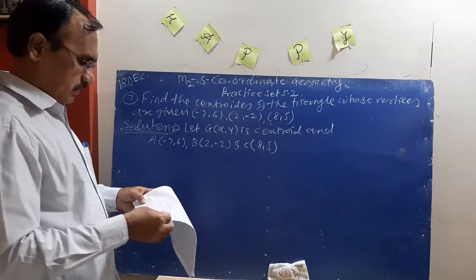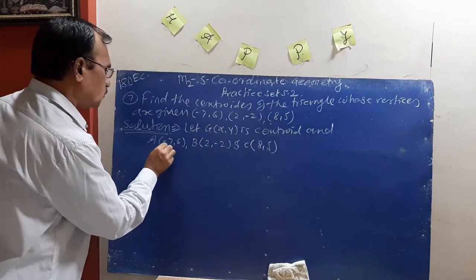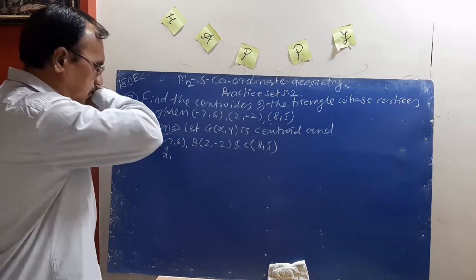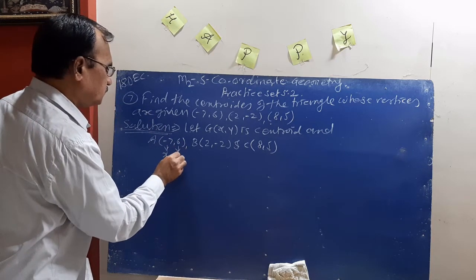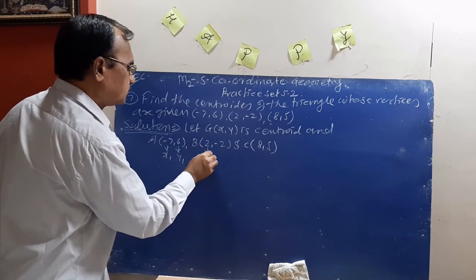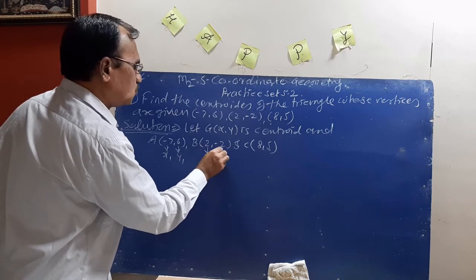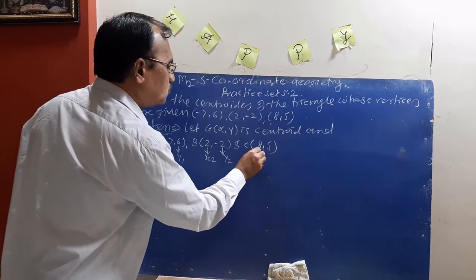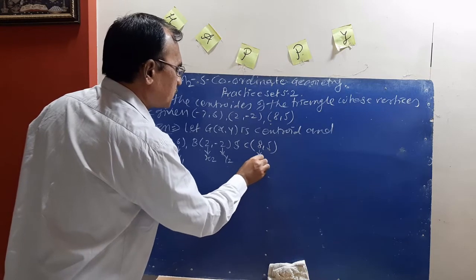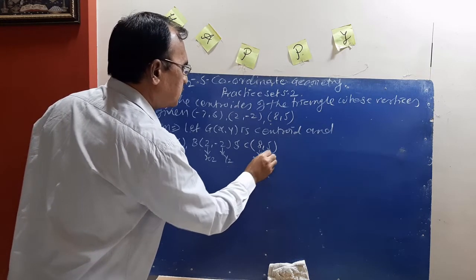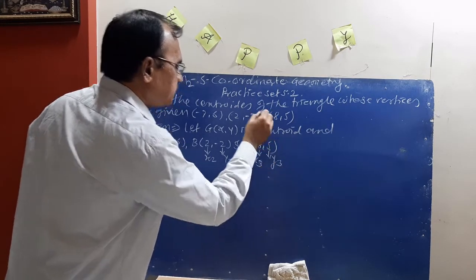These coordinates are given, and we know this one is x1, y1, x2, y2, x3 and this one is y3.